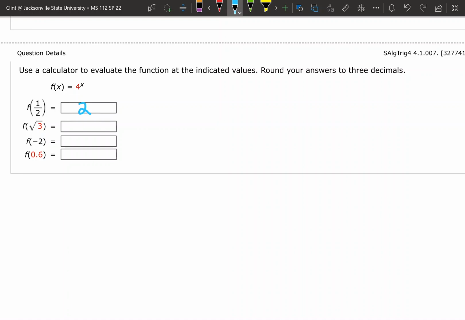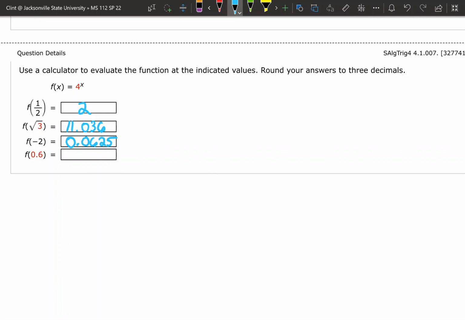4 to the square root of 3, I have no idea what that is. That's definitely a calculator problem. Don't know if I trust it or not. My calculator's saying that's like 11.036. 4 to the negative 2 would be 1/16, so 0.0625.